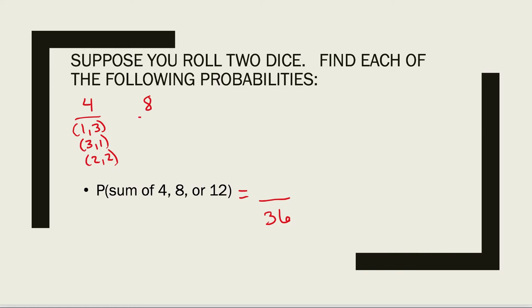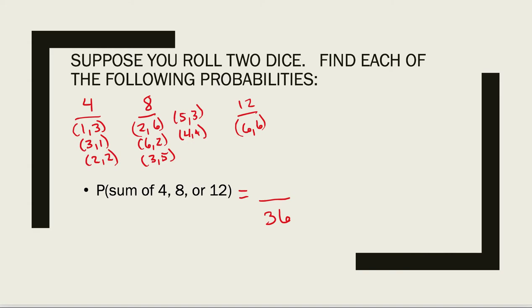For an 8, you could roll a 2 and a 6, a 6 and a 2, a 3 and a 5, a 5 and a 3, and a 4 and a 4. And for a 12, the only way to do that on 2 dice is a 6 and a 6.